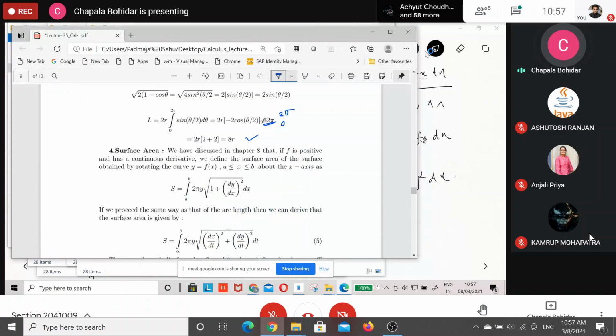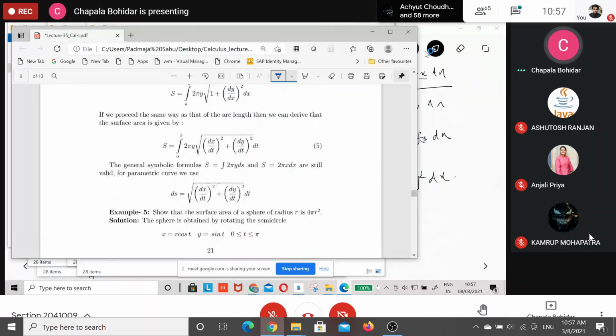The same way here also, for rotation about the x-axis, it is alpha to beta 2 pi y. Our radius is y, I already told you. And this value is the same, whatever the functional form, whether y is a function of x or x is a function of y.